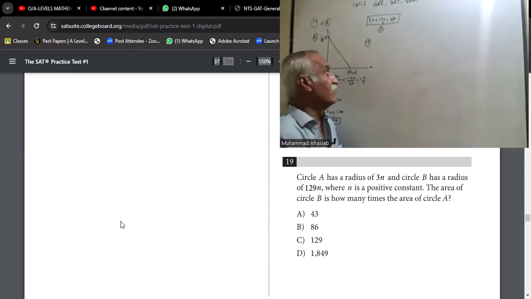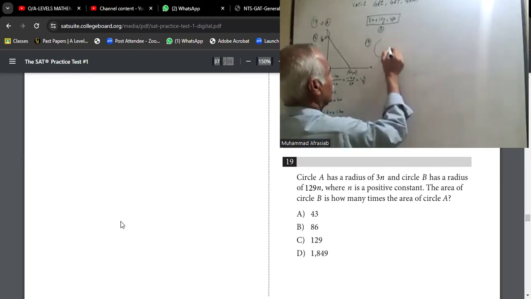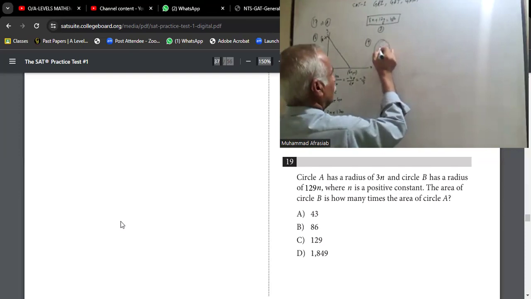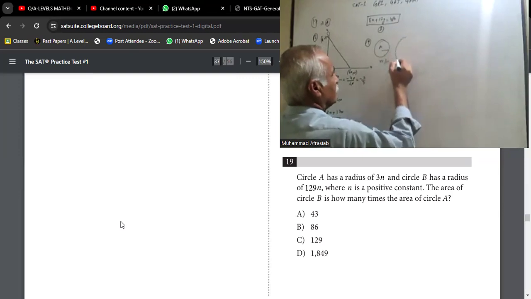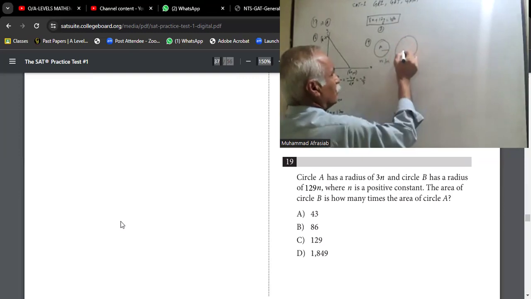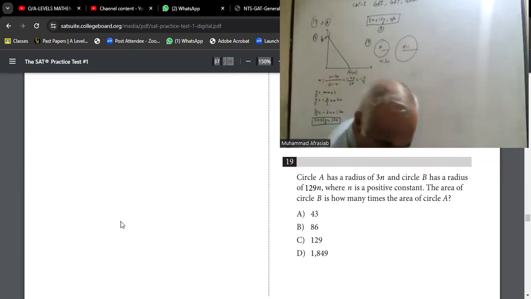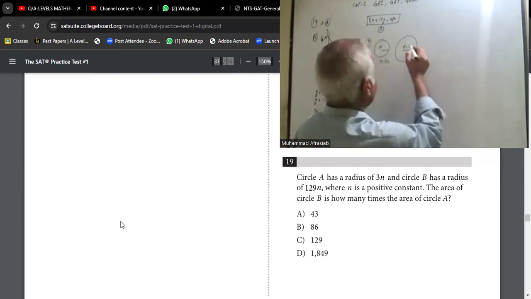One has radius 3n, let's say that is A, and the other circle is B, whose radius is equal to 129n.